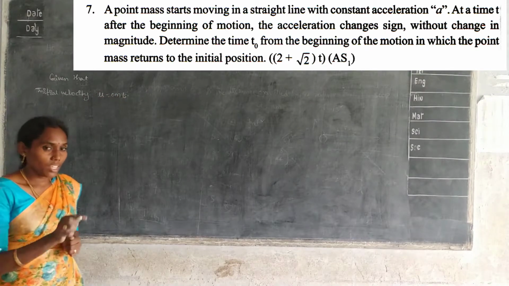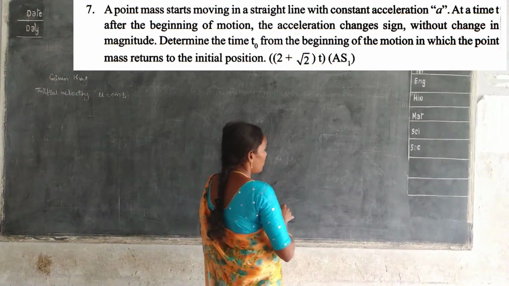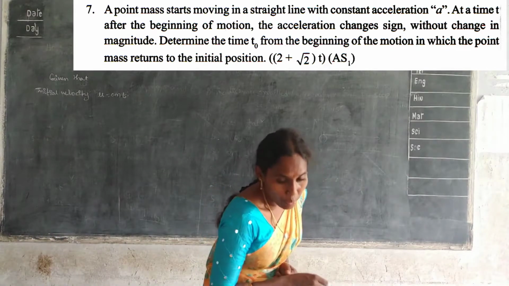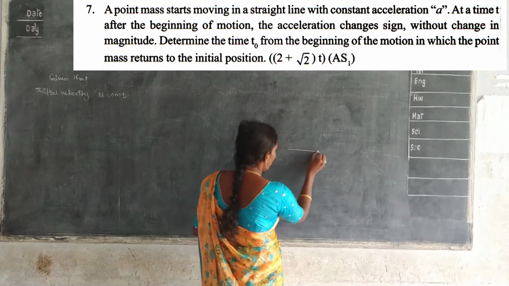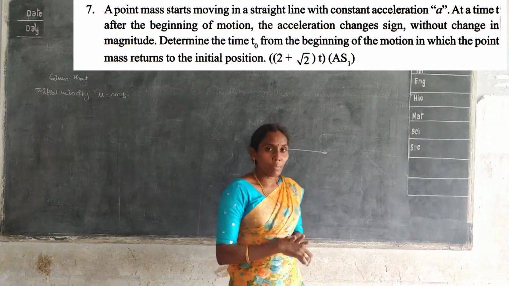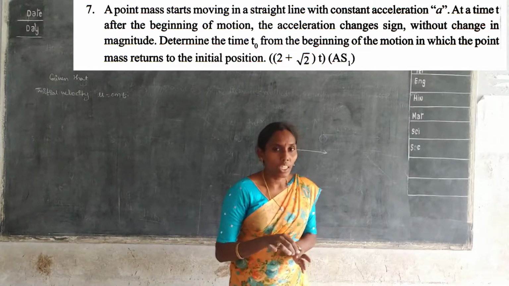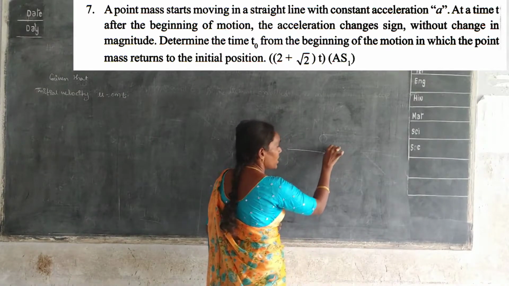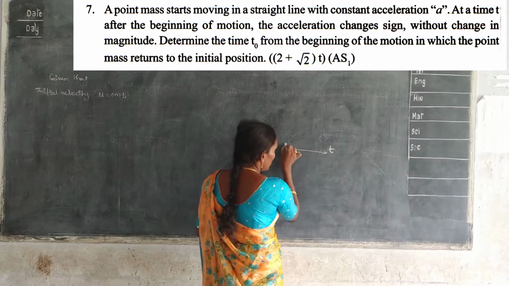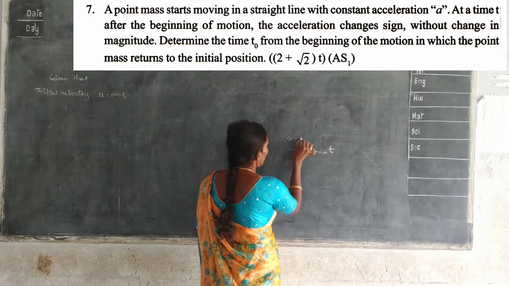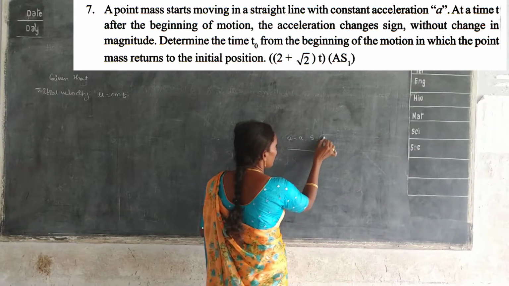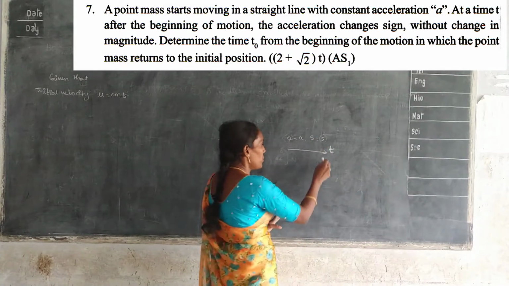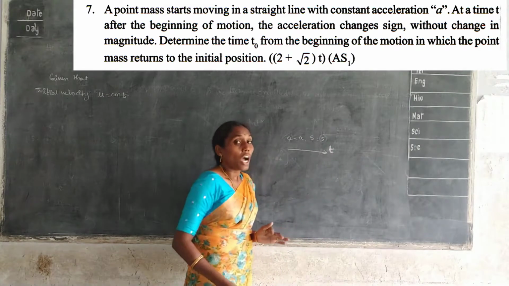If a point mass starts moving in a straight line, after some time, at a time of t, this point mass changes its sign. That means in this case acceleration is a and the distance is s, up to a time interval of t.